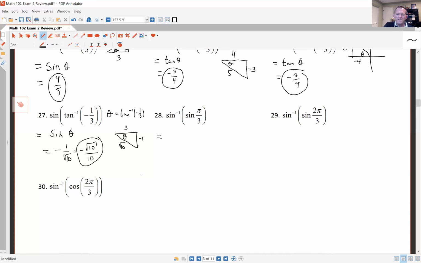Sine of pi/3 is the sine of 60, which is root 3 over 2. And then when I ask you for the inverse sine of root 3 over 2, it just brings me right back to pi/3.